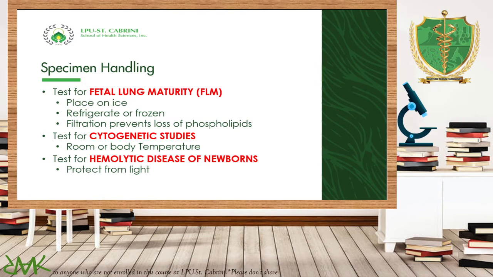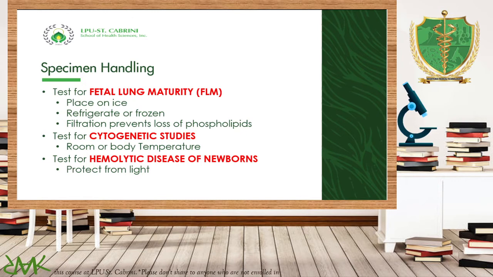If the test is for FLM, fetal lung maturity, the sample must be placed in ice, kept refrigerated or frozen. The purpose of that is to preserve the analytes being tested for FLM and prevent the loss of phospholipids, which will be used in assessing our fetal lung maturity.